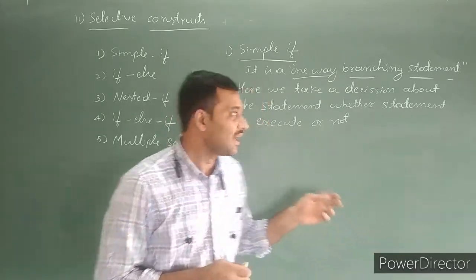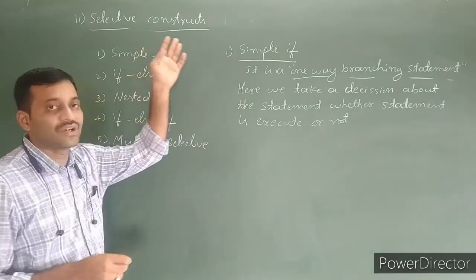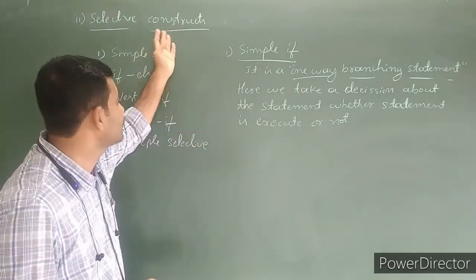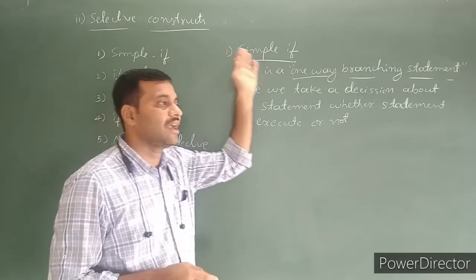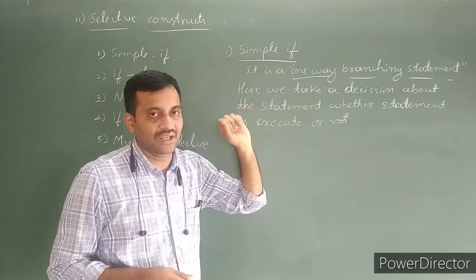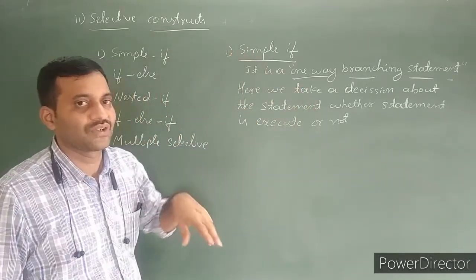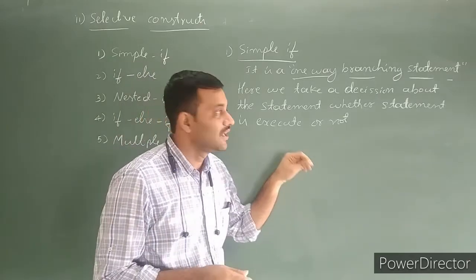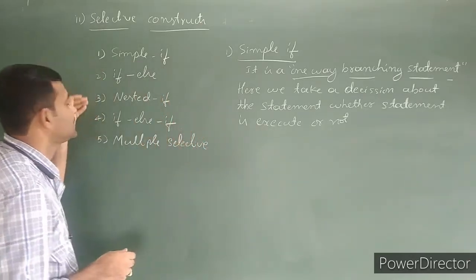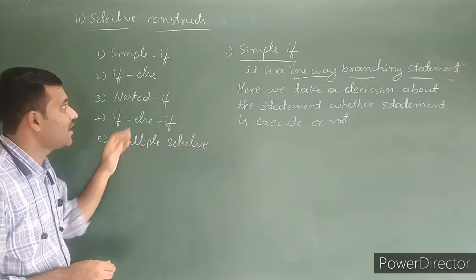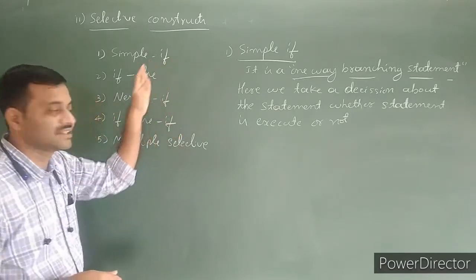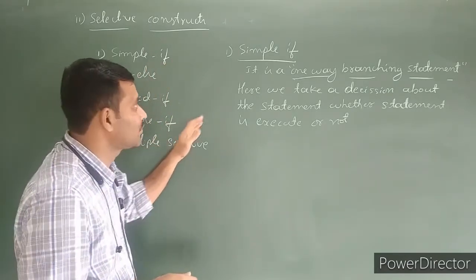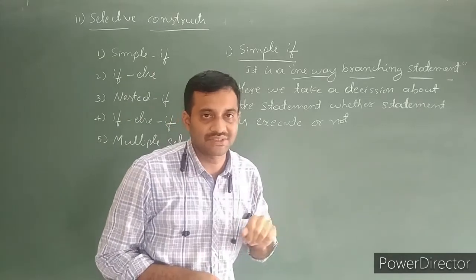Hence, we take the help of the selective construct, because selective constructs are used to take an appropriate decision. To take an appropriate decision, we have to use any one of the selective constructs. All these types of selective constructs can perform different operations.